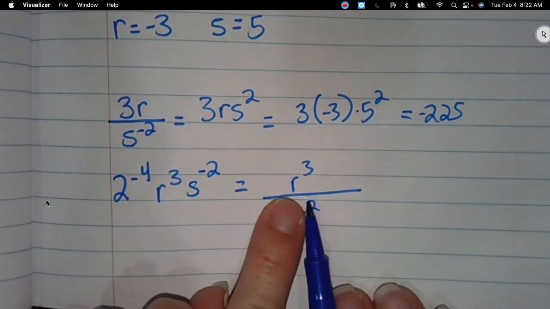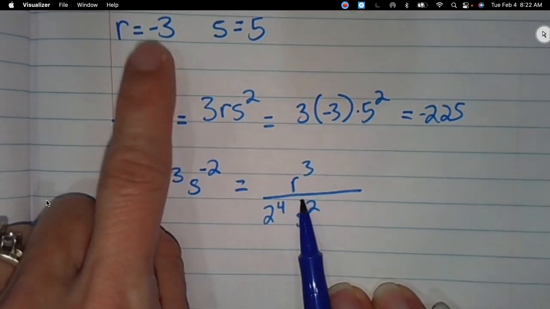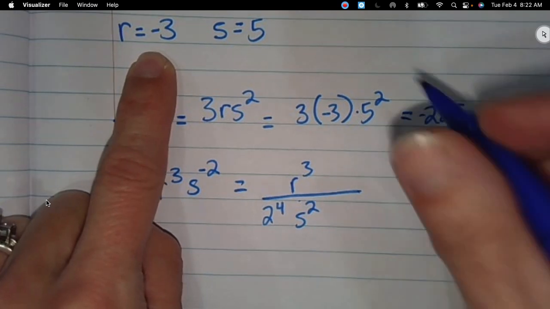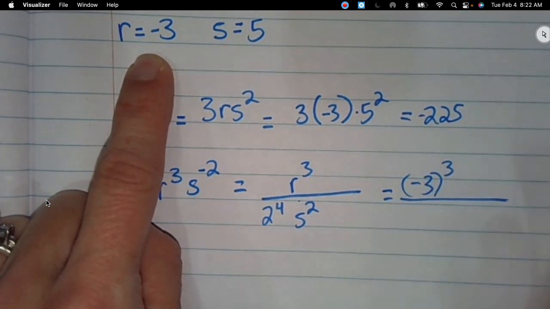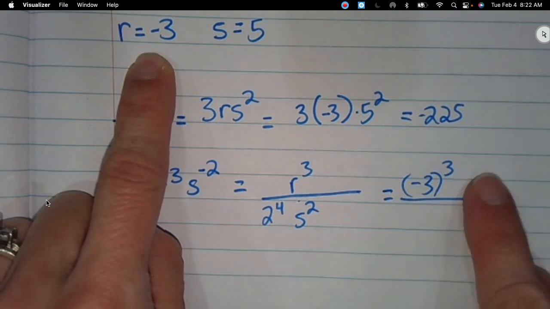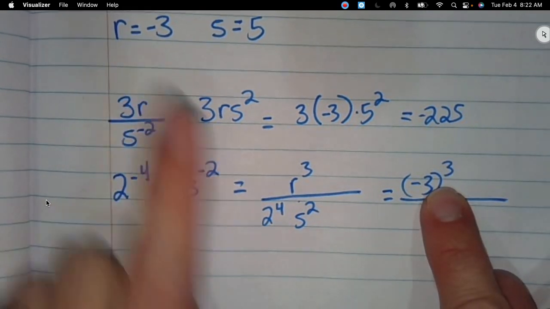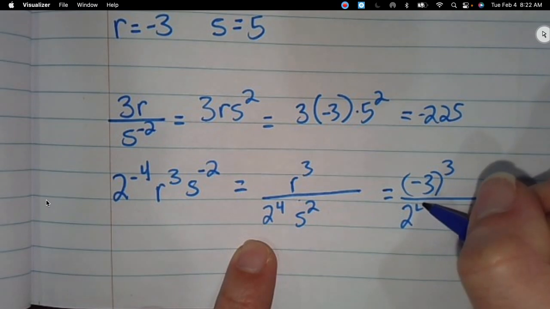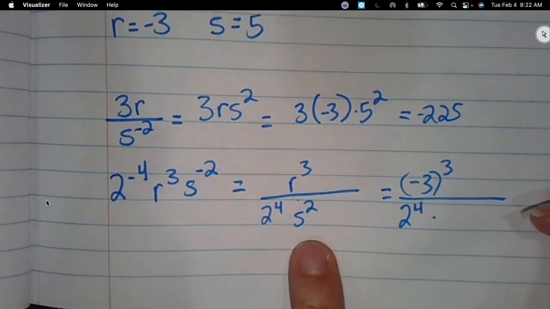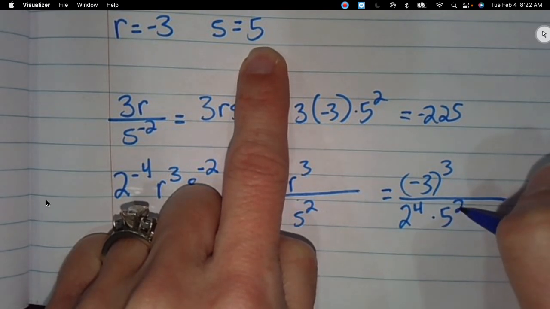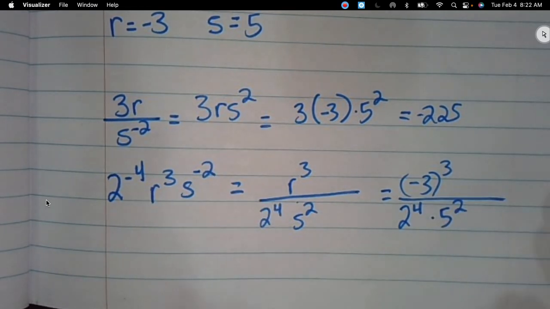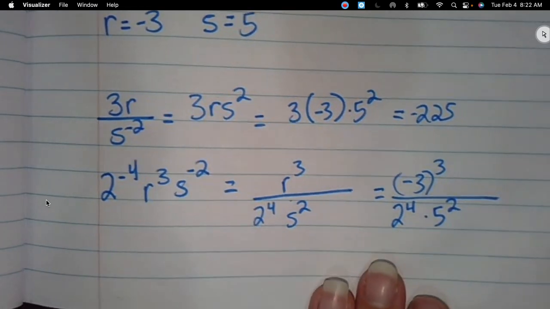Okay, so r is, I'm looking way up here again, r is negative 3. So I'm going to do negative 3 to the 3rd, put it in parentheses since it's being raised to a power and it was negative. Down here I've got 2 to the 4th and s squared. What is s? 5. So you can work this out separately or type it in your calculator.